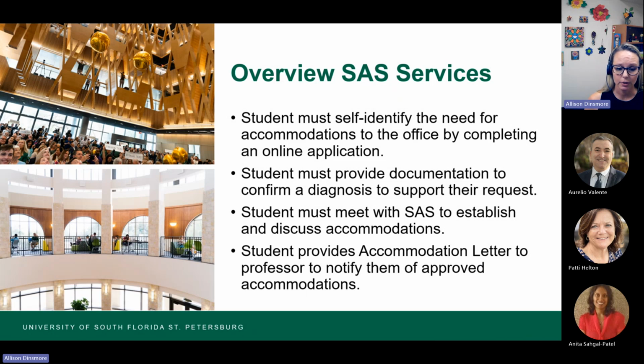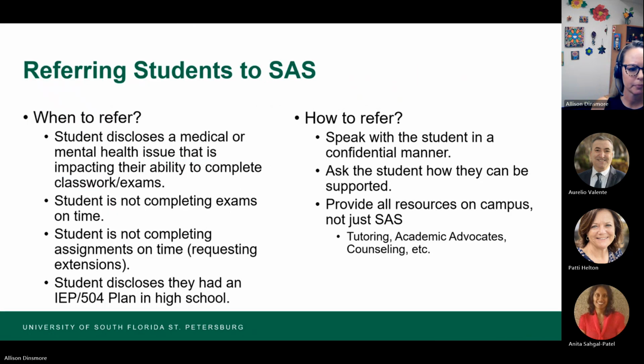Once SAS approves accommodations, a student must self-identify their accommodations to their professors by providing their accommodation letter. There are a lot of times when students will talk and ask their professors for accommodations, but they do not have an official accommodation letter.